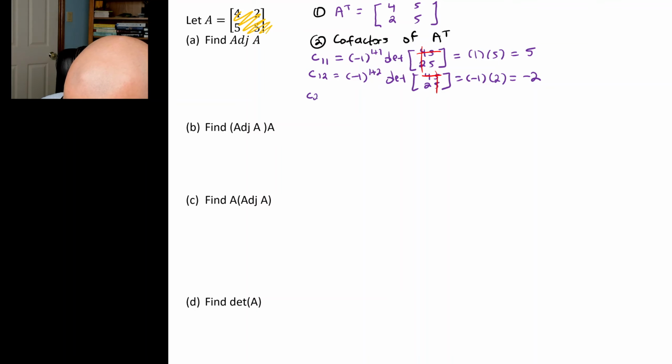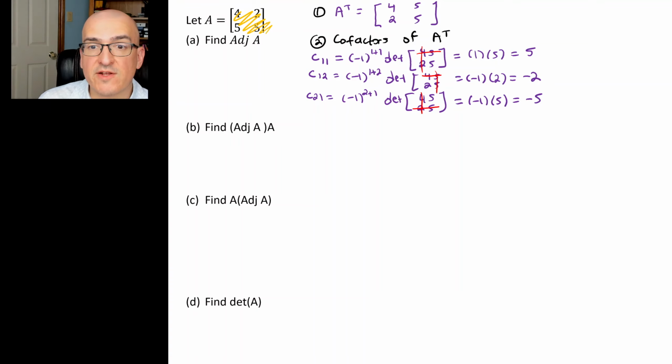Then C21, -1 to the 2 plus 1 times the determinant of 4, 5, 2, 5. This time we're crossing out row 2, column 1. So we have -1 times 5, which is -5.